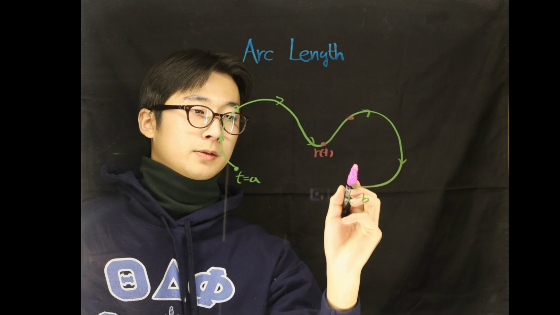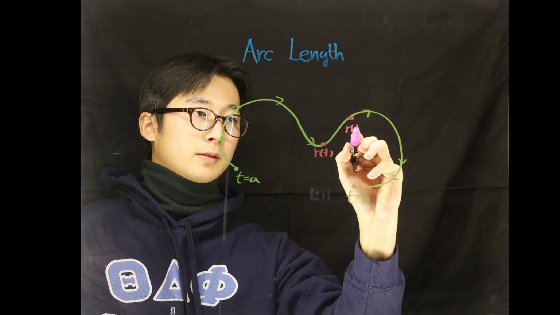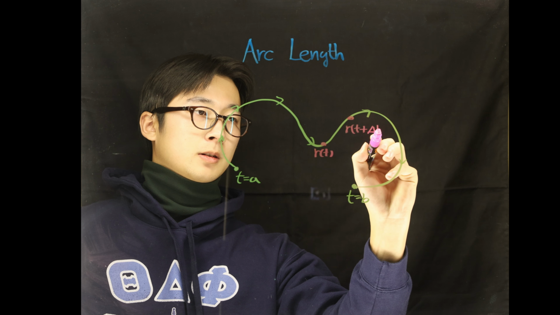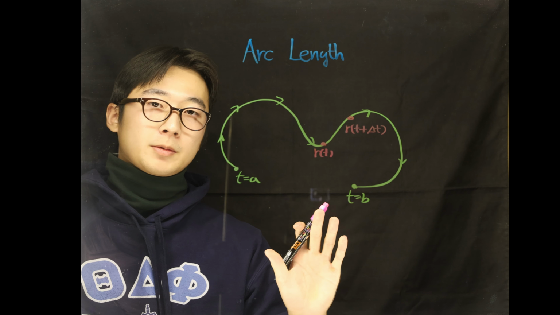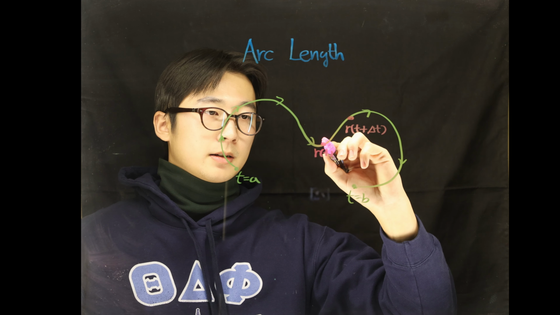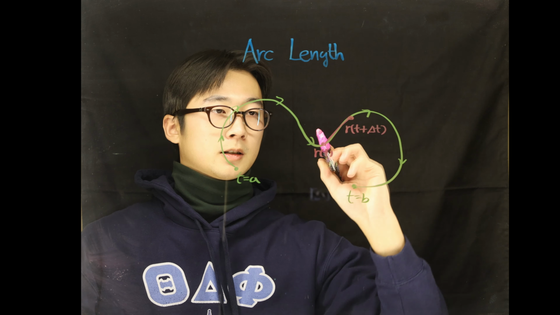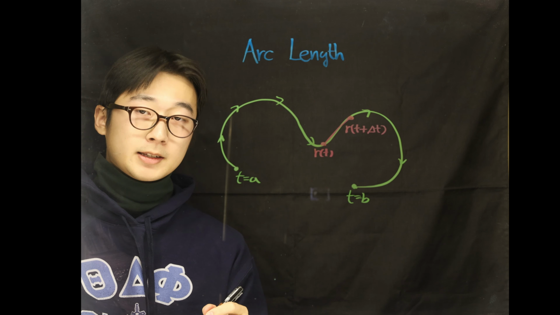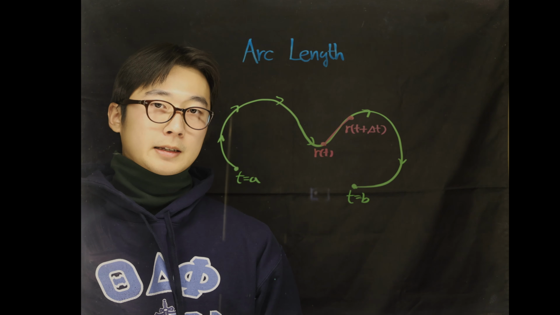r of t, r of t plus delta t, right? And then I'm going to draw a straight line between them, like this. So this is the line segment from r of t to r of t plus delta t.